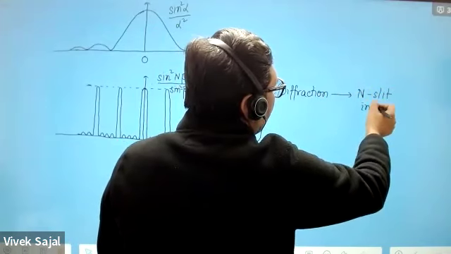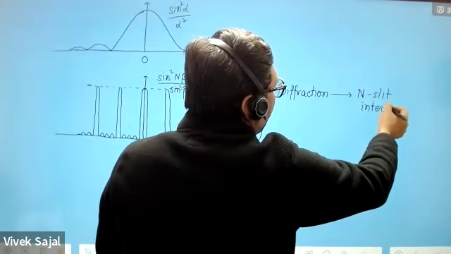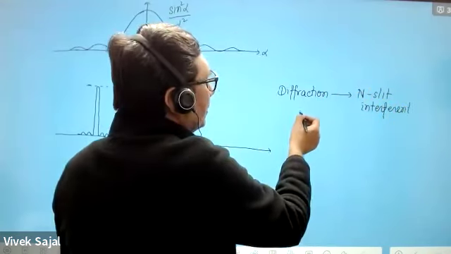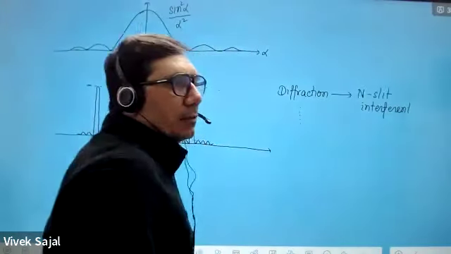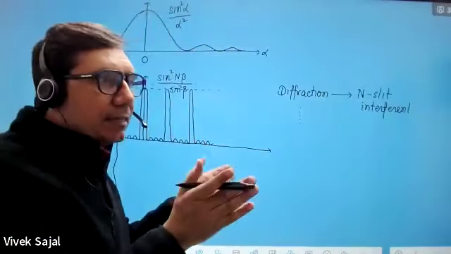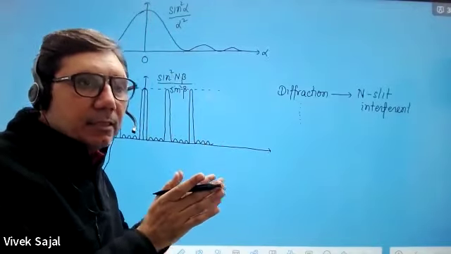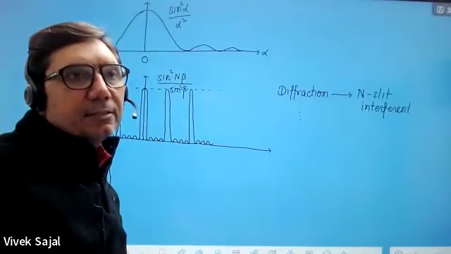So both are taking place. What is the consequence of this? It means due to diffraction, light of different intensities is traveling in different directions.